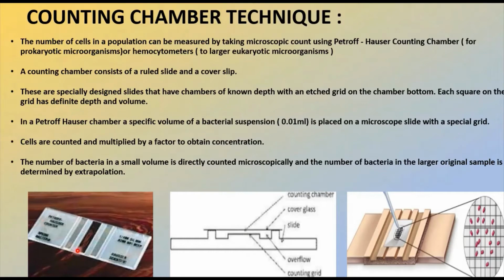This is an example of the Neubauer chamber where you place the sample and then close it with the cover slip. This is the counting chamber. Whatever overflow of the sample there is, it is collected in this grid, and this is a counting grid. When you observe under the microscope, this is how the bacterial cells are seen, and you start counting the number of bacterial cells.